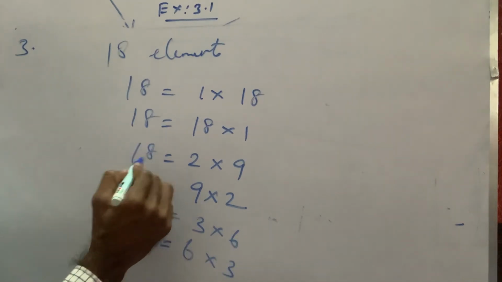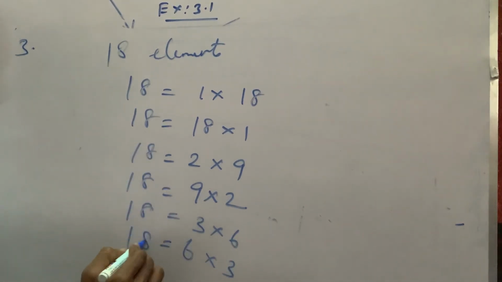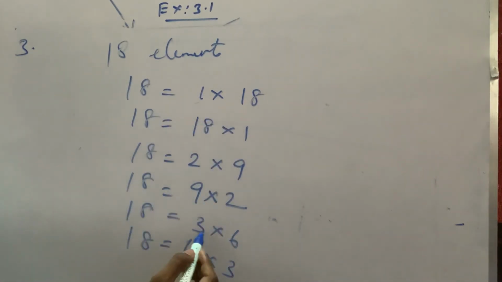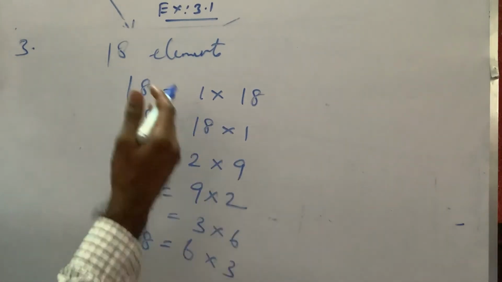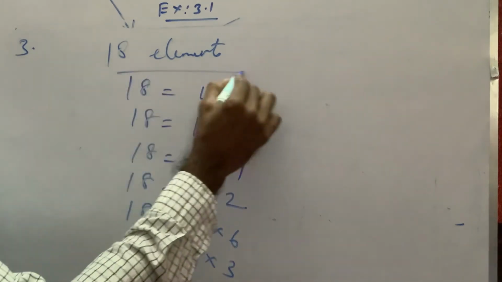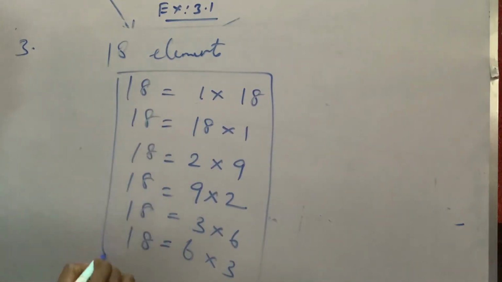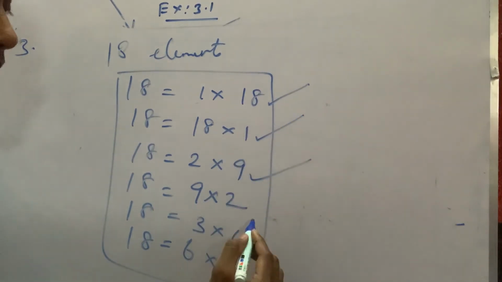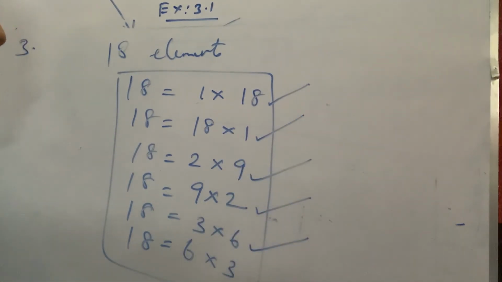Anything else? 4, there is no 4. So the possible orders for the matrix can be either 1 by 18, 18 by 1, 2 by 9, 9 by 2, 3 by 6, or 6 by 3.